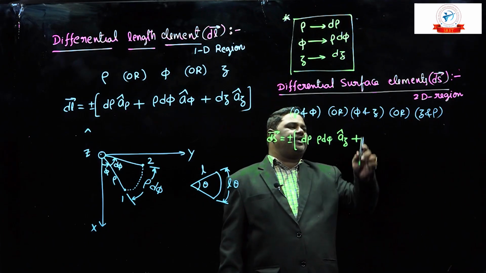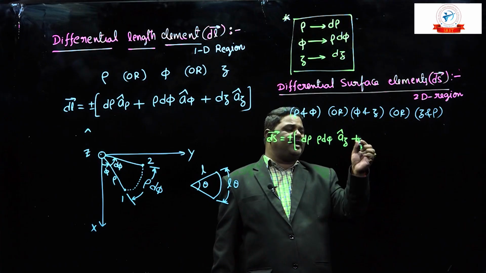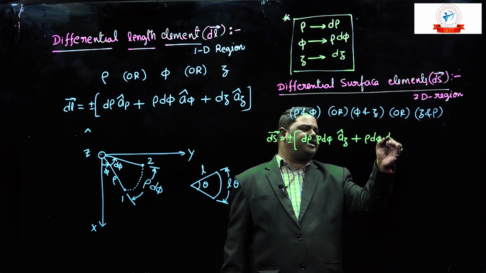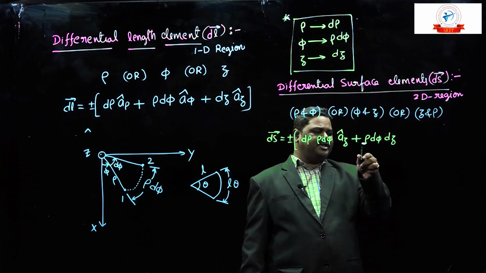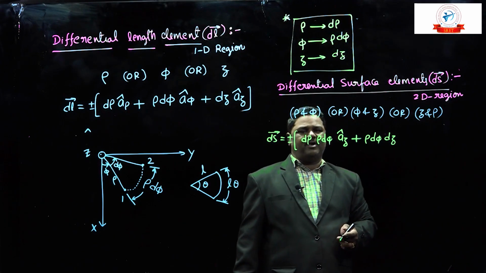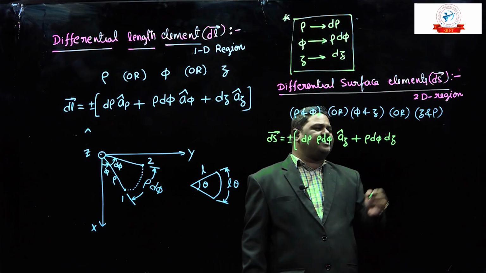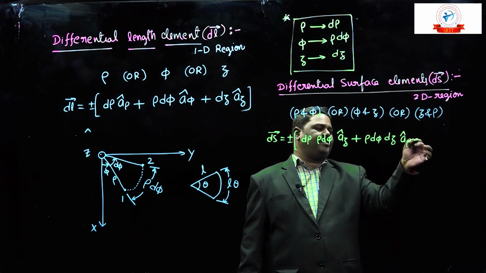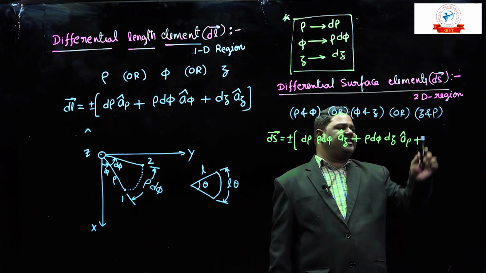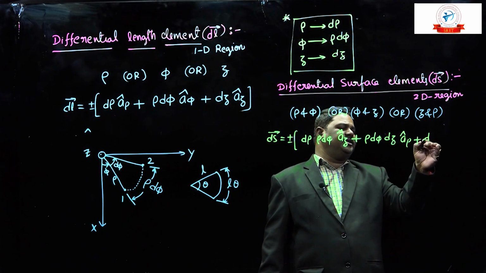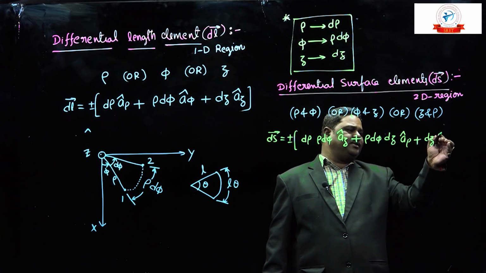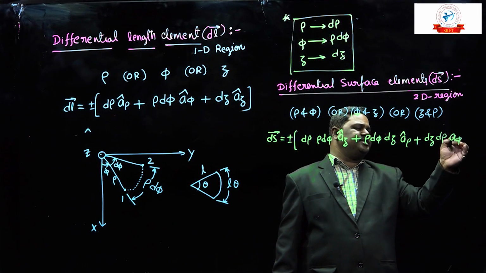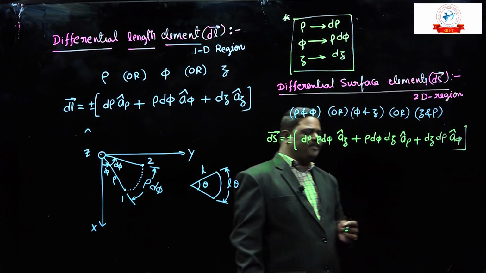So what is the differential length due to phi? Rho d phi. Differential length due to z? dz. So this is the differential area. And what is the direction of this surface? The remaining coordinate is rho, so a rho cap. And for the surface element with z and rho, z will produce differential length dz, rho will produce differential length d rho, and the direction is the remaining coordinate direction, a phi cap.